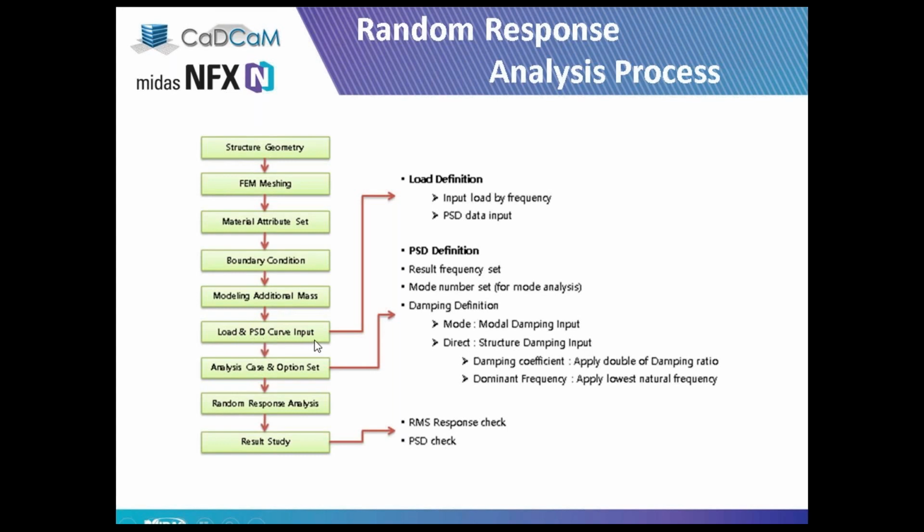and the input load is evaluated by frequency and PSD input data. Of course, we should define the analysis case, which is random analysis. The option to set is to define the damping of the system. Actually, if it's an assembly, it's 5%.